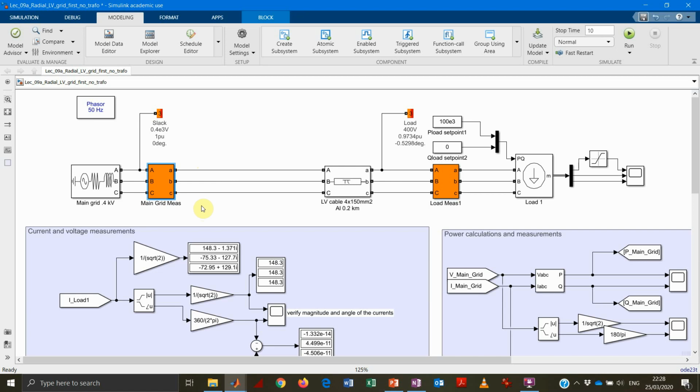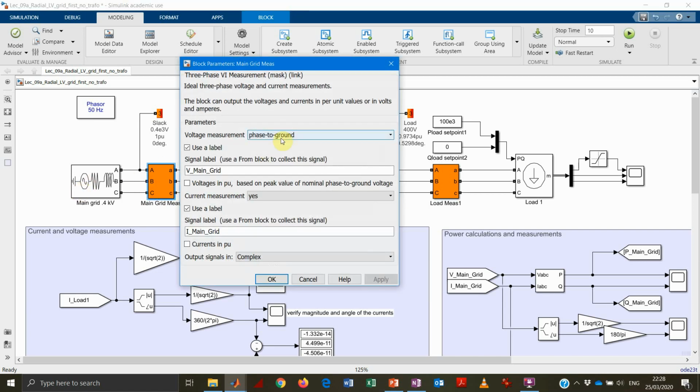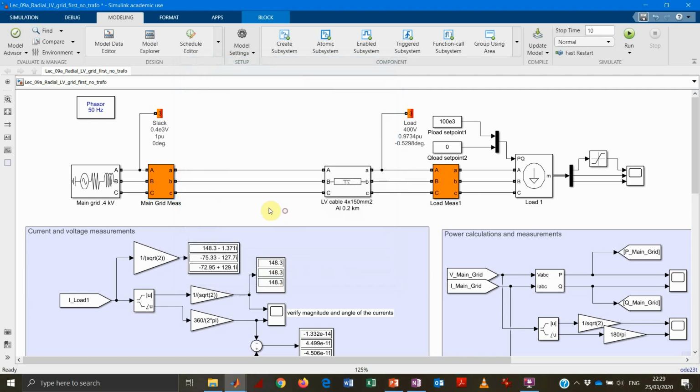But keep in mind that I don't have a neutral, and I have a grounded system, meaning that I cannot easily assume that the phase to ground and the phase to neutral would be just the same voltage. Yes, so that's the view.